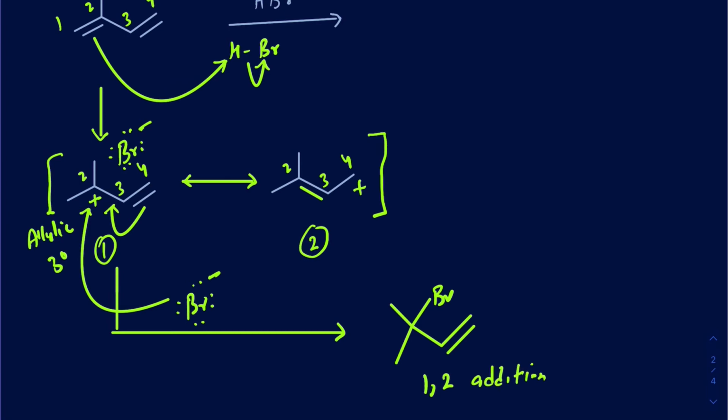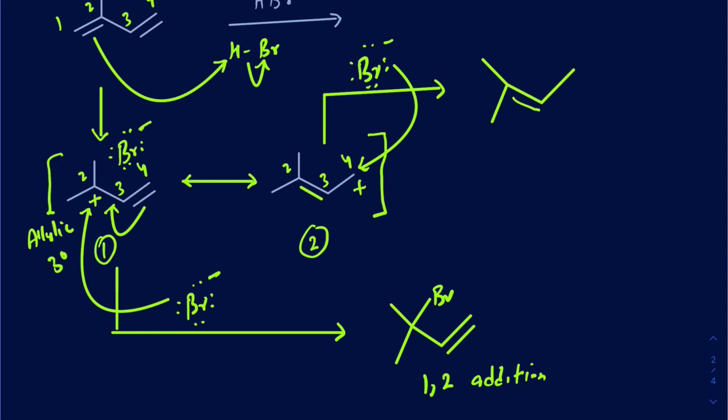That's one possibility. The second possibility was, okay, what if I go ahead and have my second resonance structure rather and have the bromide attacking that particular one. So this one will attack the carbon number 4, and then I end up making a 1,4 product.